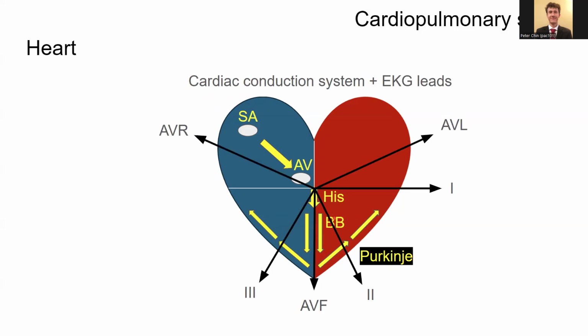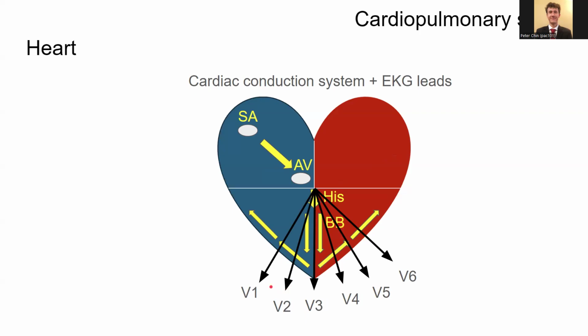Here's a superposition of the leads of an EKG, or at least some of them: one, two, three, AVR, AVL, AVF. You're not going to need to know the specific positions of these leads per se, but it might be helpful to have this in the back of your mind when you're orienting yourself and initially understanding what each EKG lead is showing you.